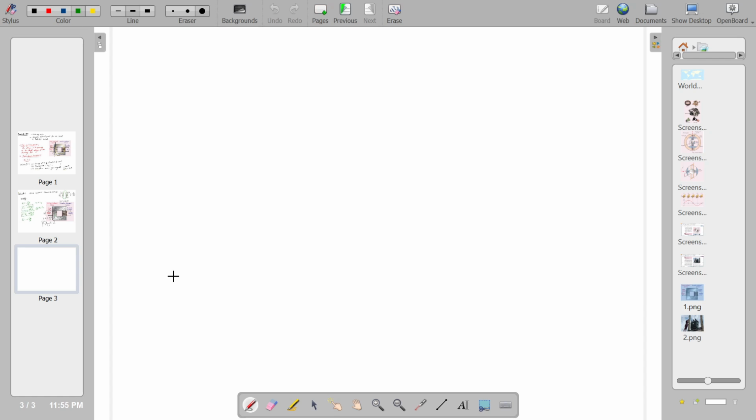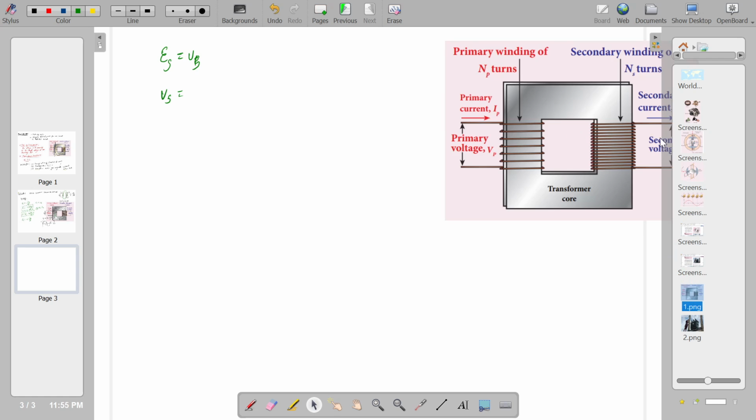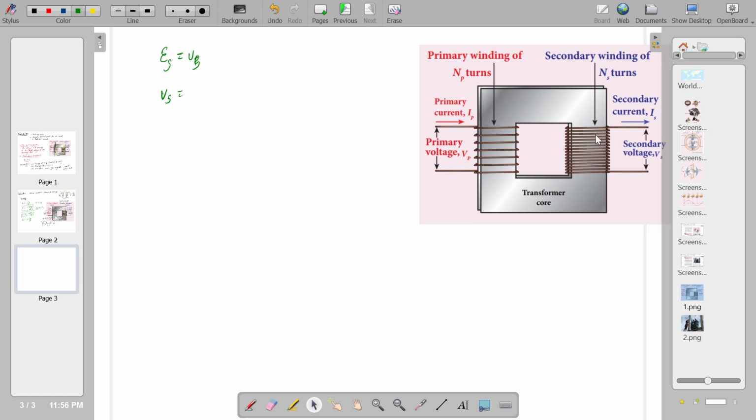If the secondary circuit is open, then because the secondary circuit is not closed, whatever the induced EMF in the secondary will be equal to the voltage across the secondary. You have to keep the secondary coil open. Just watch this diagram. If this is open, then whatever the induced EMF here in the secondary, this is Es, that will be equal to the secondary voltage.